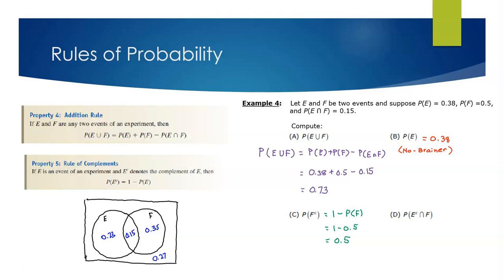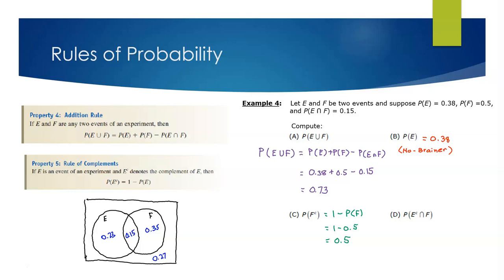And I could do something very similar with E. I know that I have 0.15 that's being shared with F, and since there's 0.38 total, then the part that's just in E and nothing else would be 0.23. I also know that the universal outside of the two circles is 0.27 because remember all four of these, all my probabilities together should total 1.